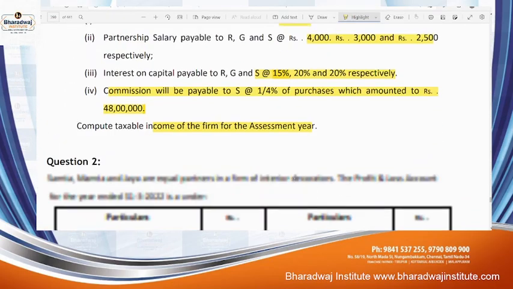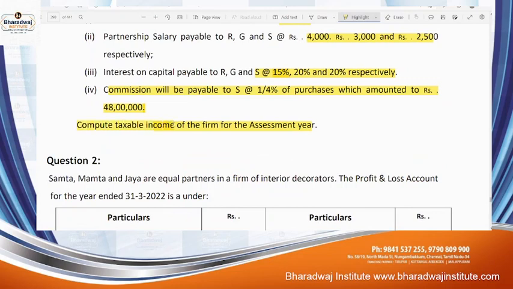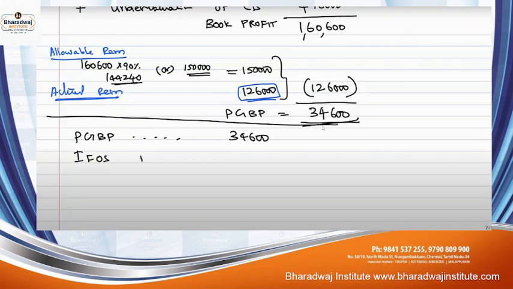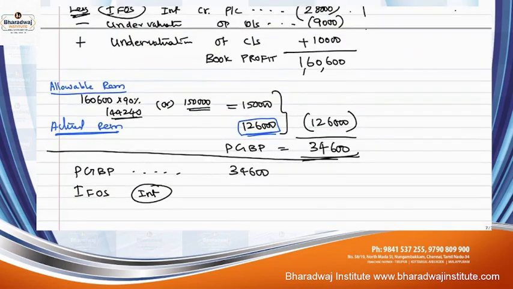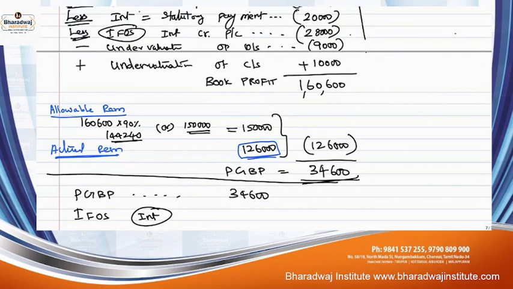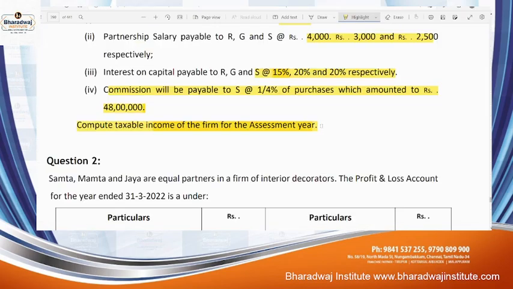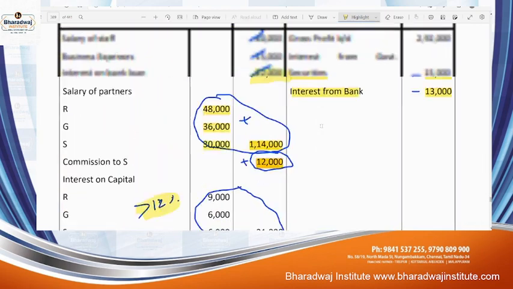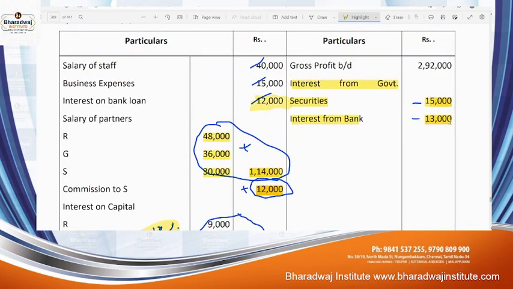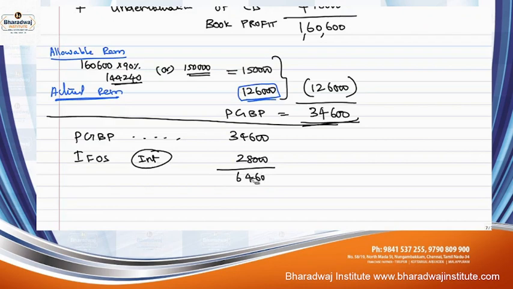They ask you to work out the taxable income. Let me also complete that. PGBP 34,600. Apart from that, any other income for the firm? Look at the P&L account credit side. This interest is taxable under what? Income from other sources. So PGBP 34,600, income from other sources 28,000. Then the donation can be claimed.